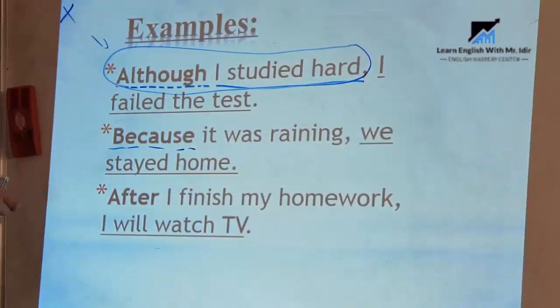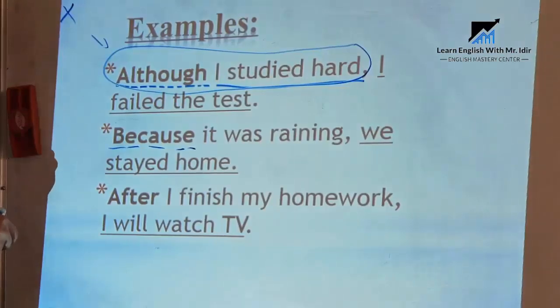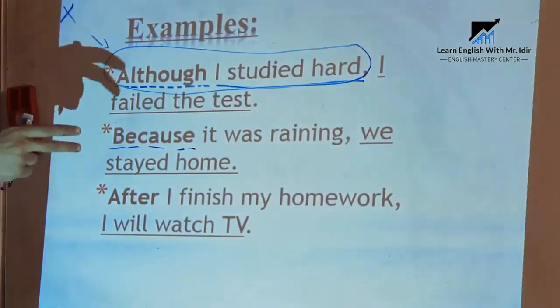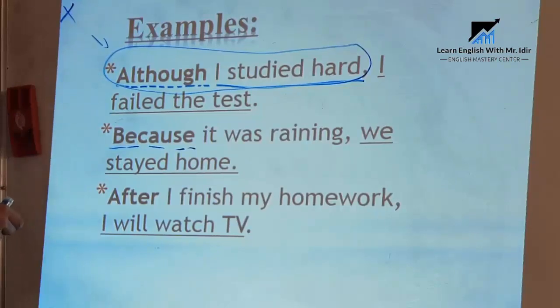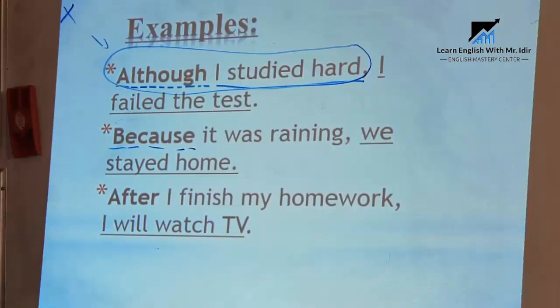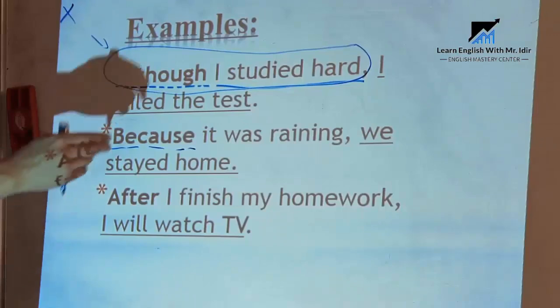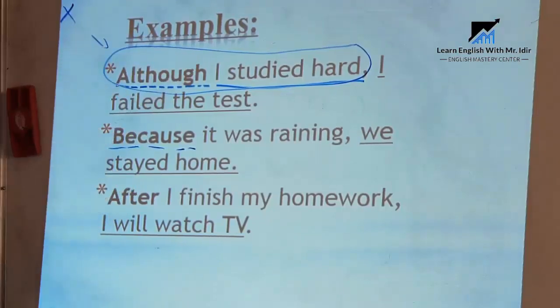The third example: after I finish my homework, I will watch TV. After I finish my homework is our dependent clause, and I will watch TV is our independent clause. I hope you have understood what we mean by a complex sentence.